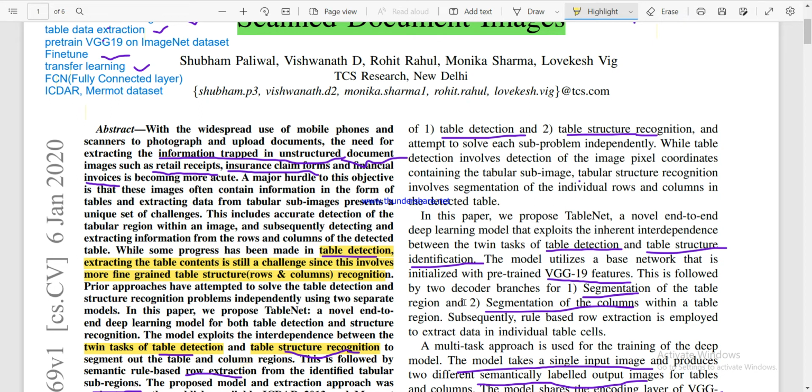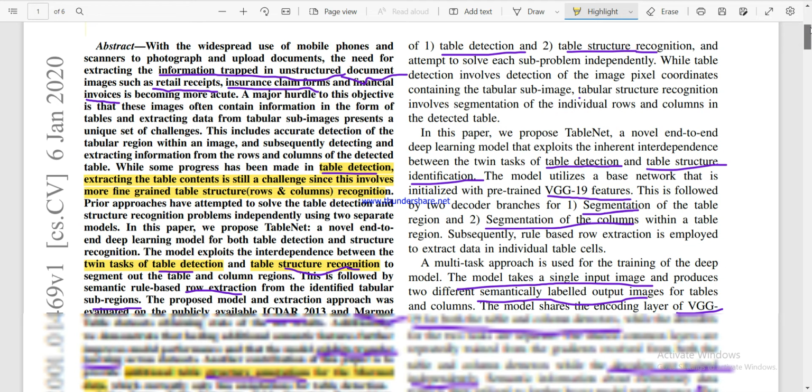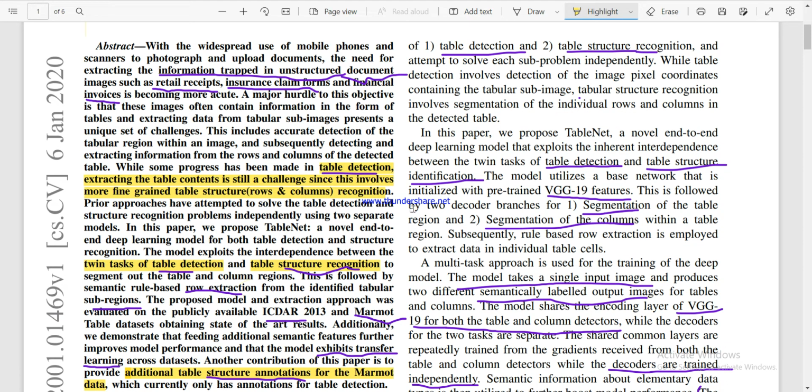So here they are saying that table detection, table data structure recognition, and extraction, all three are done. And they say they are using VGG19 features. Then what they have done on this.